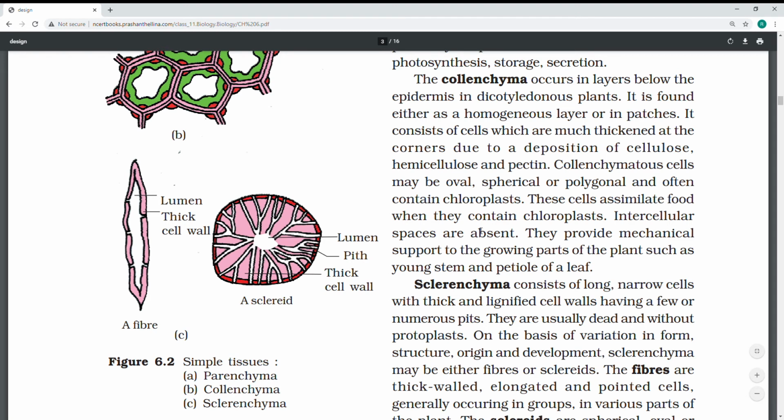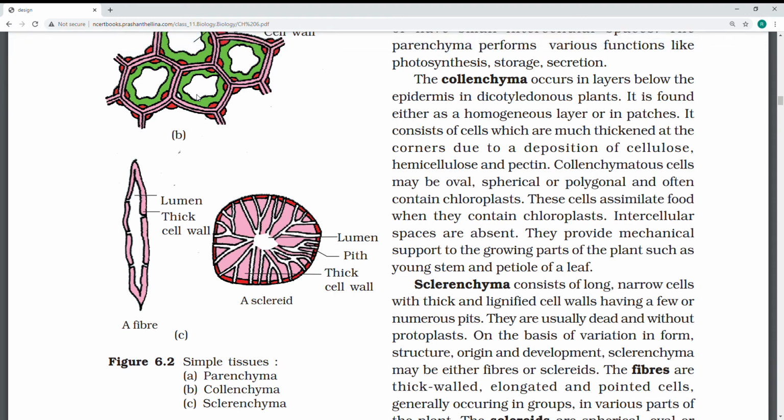I have told about parenchyma. The second one you see is collenchyma. See the diagram, which contains the center white portion and then green. The cells are isodiametric, polygonal, but it contains angular collenchyma.